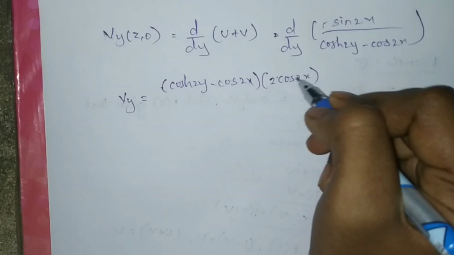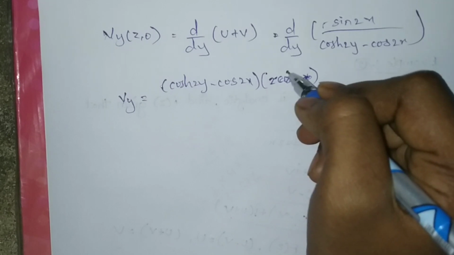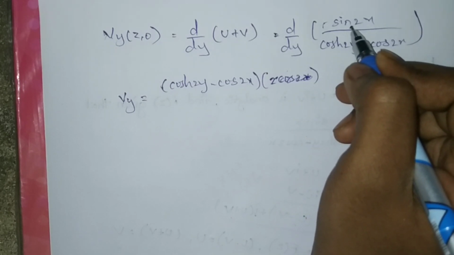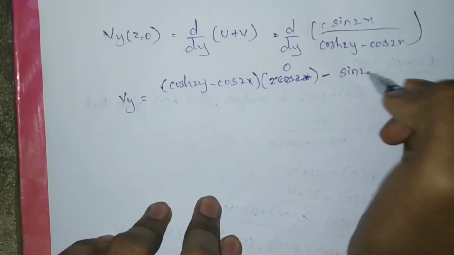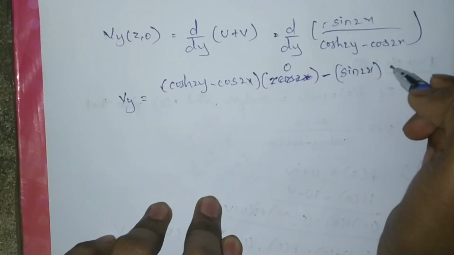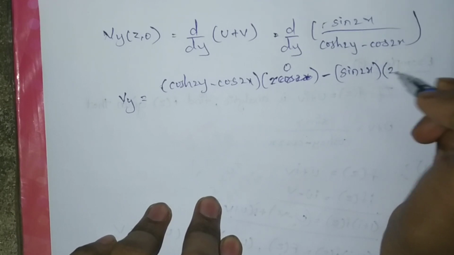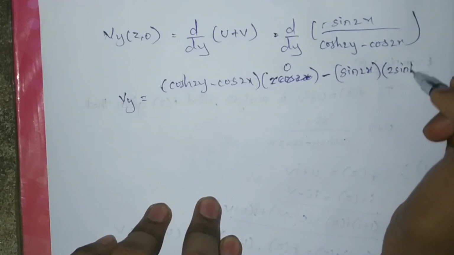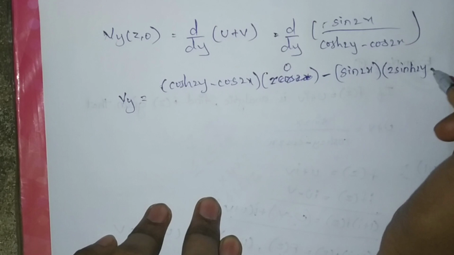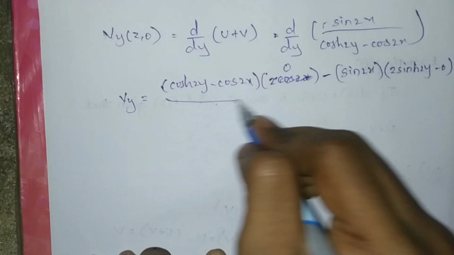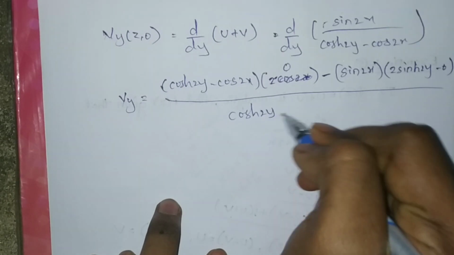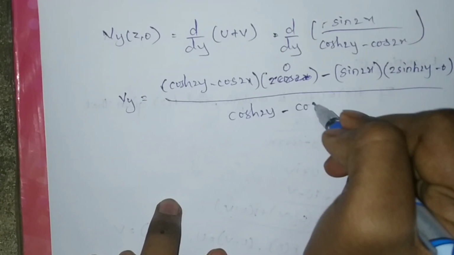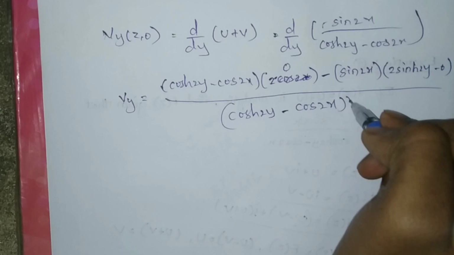Here x is a constant, so the derivative of sin 2x is 0, and minus sin 2x into the derivative of cosh 2y, which is 2 sinh 2y, by (cosh 2y − cos 2x) whole square.